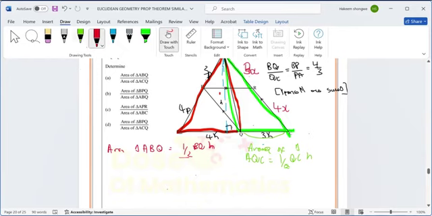So now we go to this part here. We're going to write the red one on top. What is going to be the red one on top?